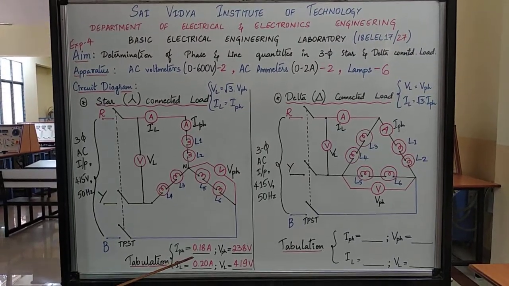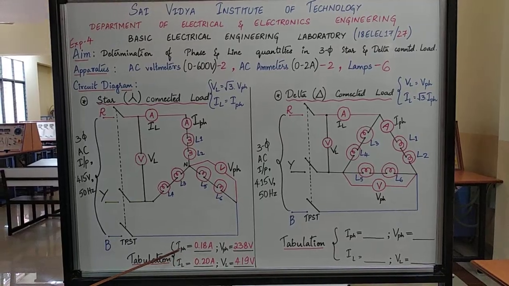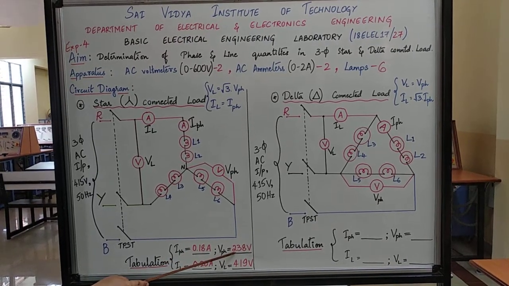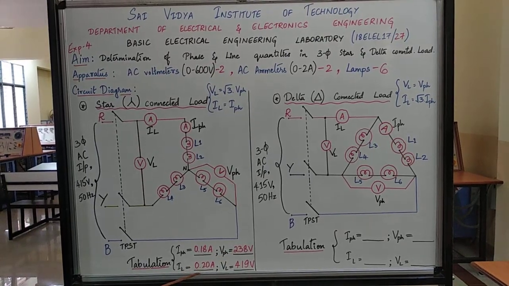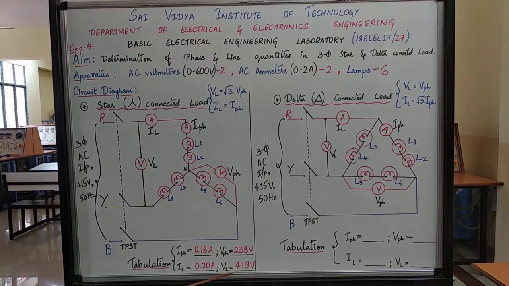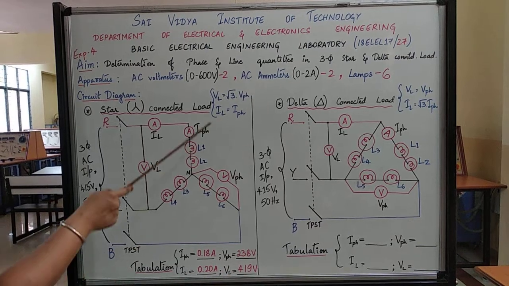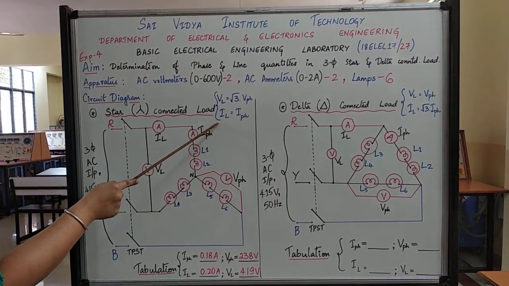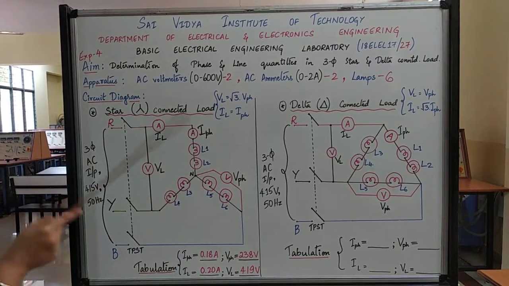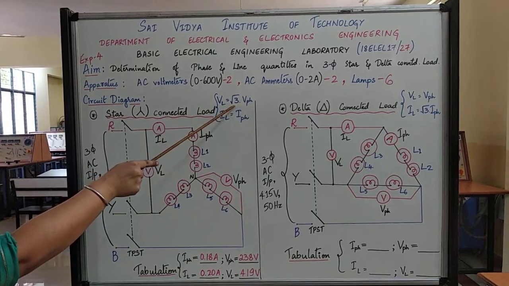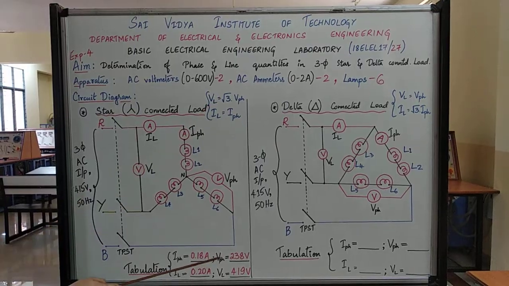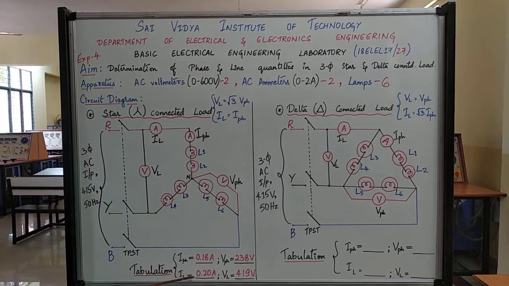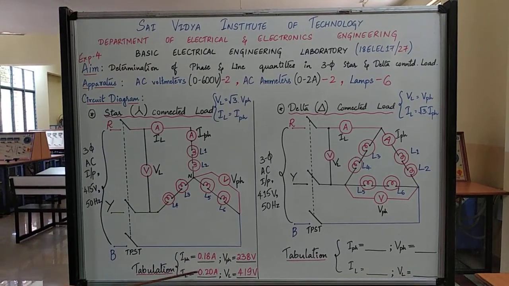As we saw the readings in the meters, the I phase was indicating 0.18 amperes, V phase was indicating 238 volts, IL was indicating 0.2 amperes and VL was indicating 419 volts. We have to replace the values in this formula and cross verify whether we get VL is equal to √3 V phase, and since we have the readings almost close to that, we say IL and I phase, you can see that they are almost close.